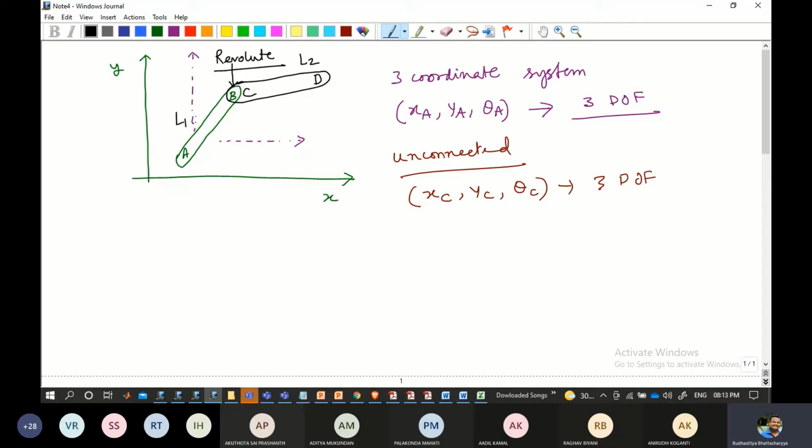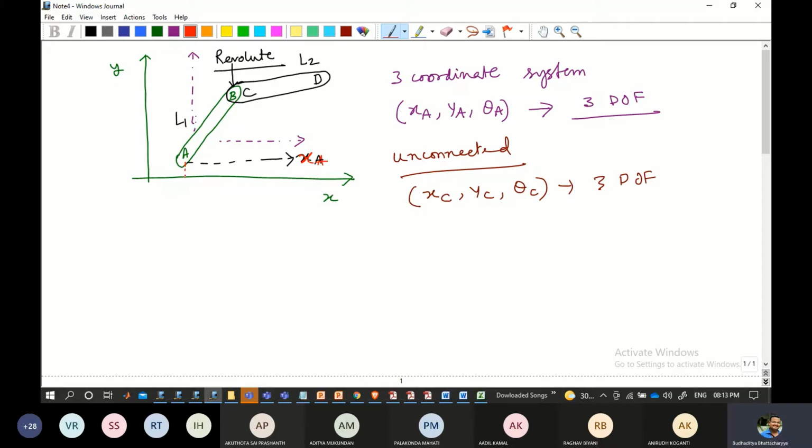Now what happens, understand this carefully: when I'm adding a joint, we require a smaller number of inputs to describe this particular arrangement. Why? Because suppose this is my XA, let me take another color, red, XA.